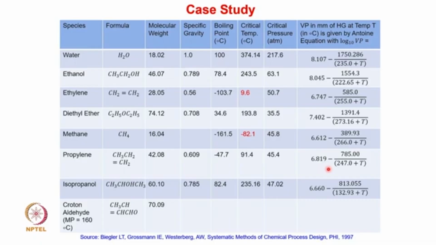At this vapor pressure, if we wanted to separate propylene as a top product in the distillation unit, we would have to use a condenser which can go to a very low temperature, and because of that the cost required is very high. In comparison, if you wanted to separate, let's say, diethyl ether as a top product, since diethyl ether has a boiling point of 34.6, which is very close to the ambient temperature, even naturally available cold water can be used as a cooling agent, which is a viable option.